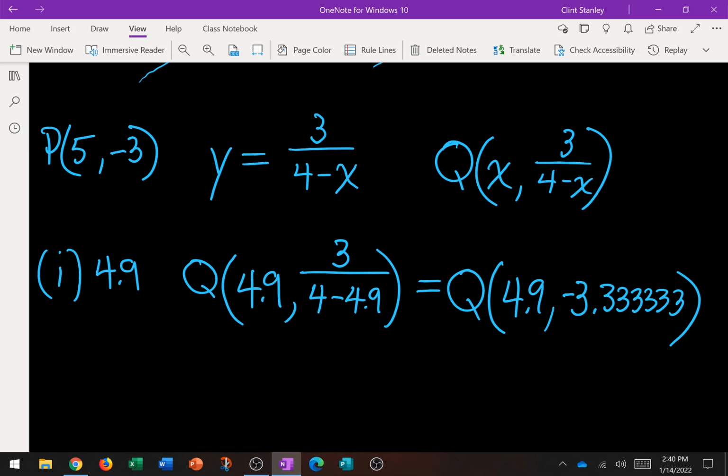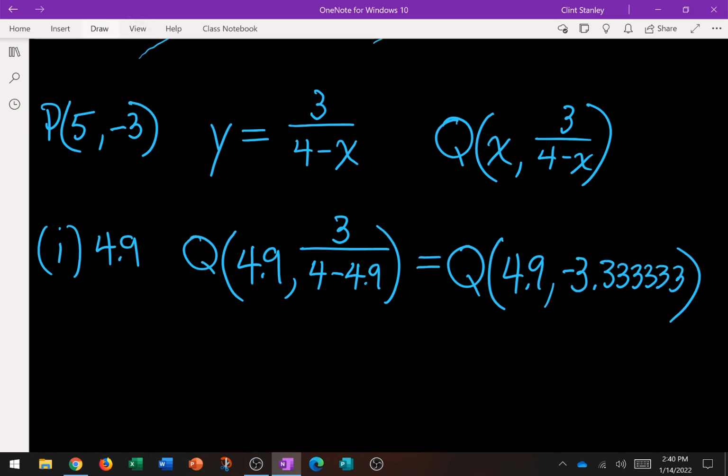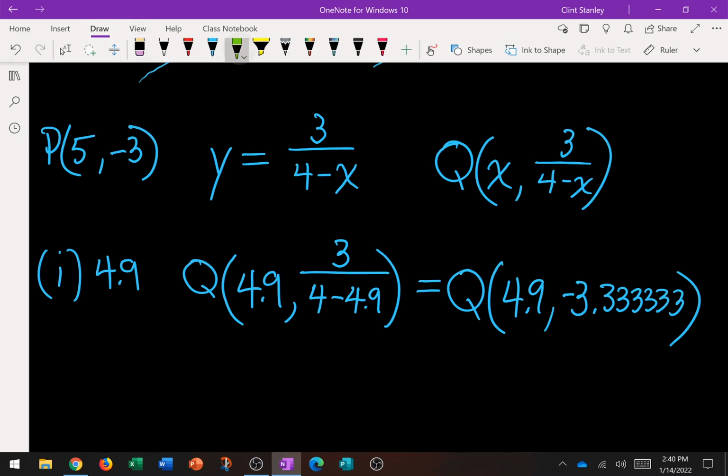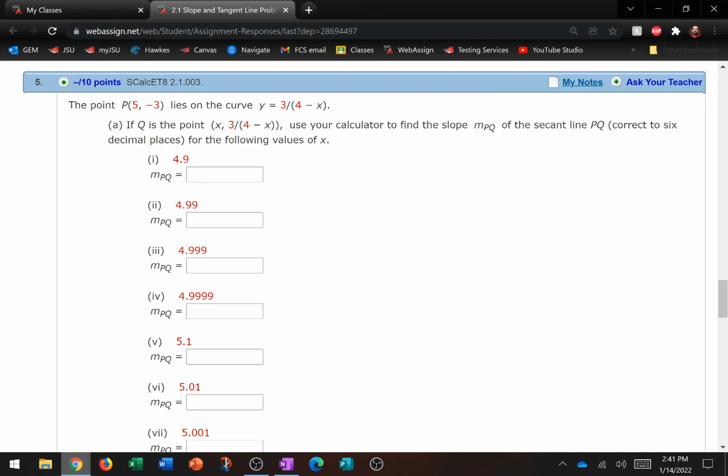So now we want the slope between this point. That's the way they write it, m_PQ. That's what this PQ means.